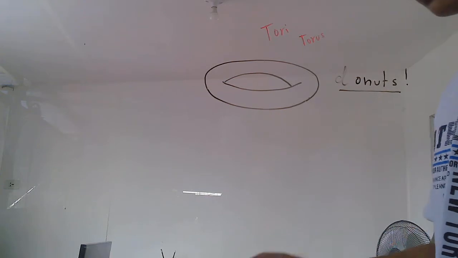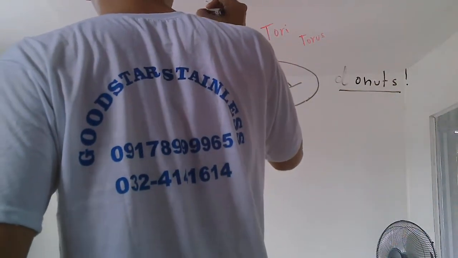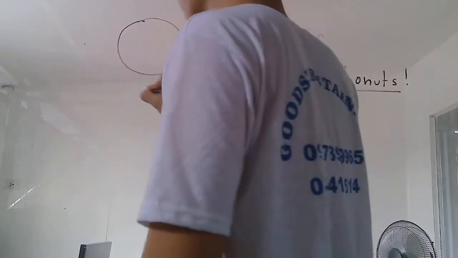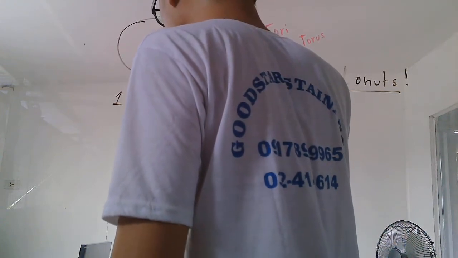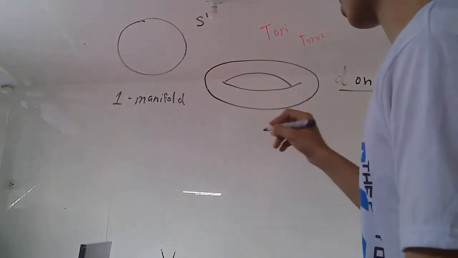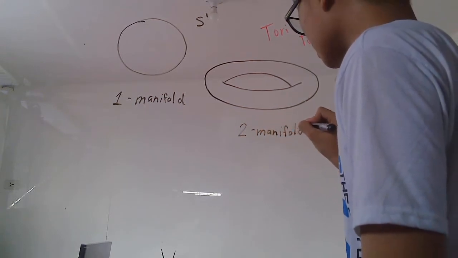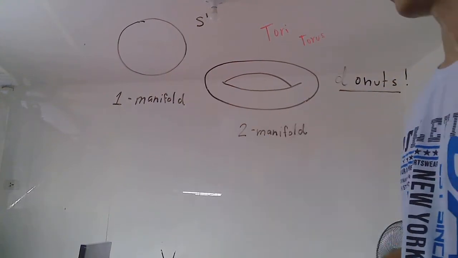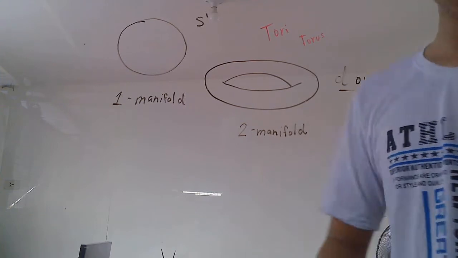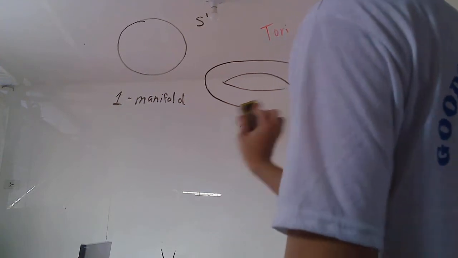So something like a circle, which we call S1, is a 1-manifold. Well, this torus or donut is a 2-manifold. And one good way that mathematicians define a torus is as a product space of 2 circles.